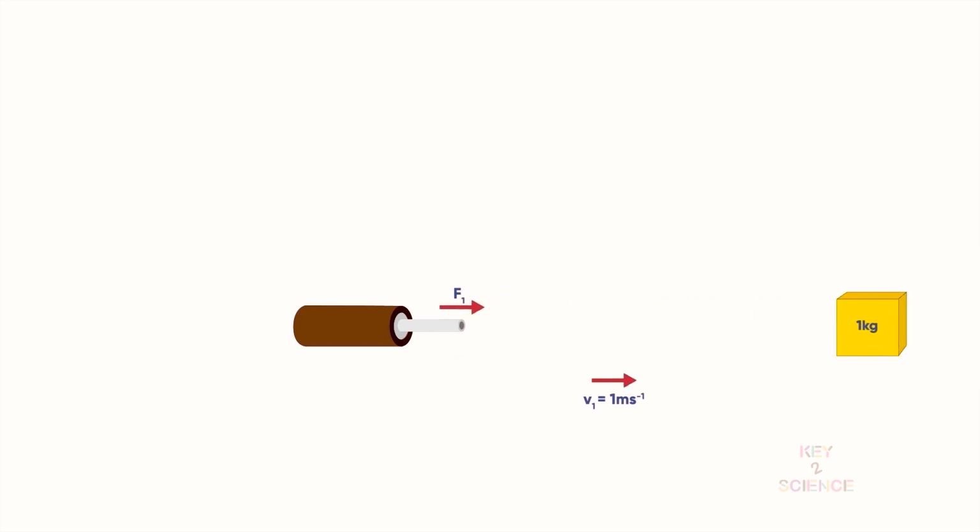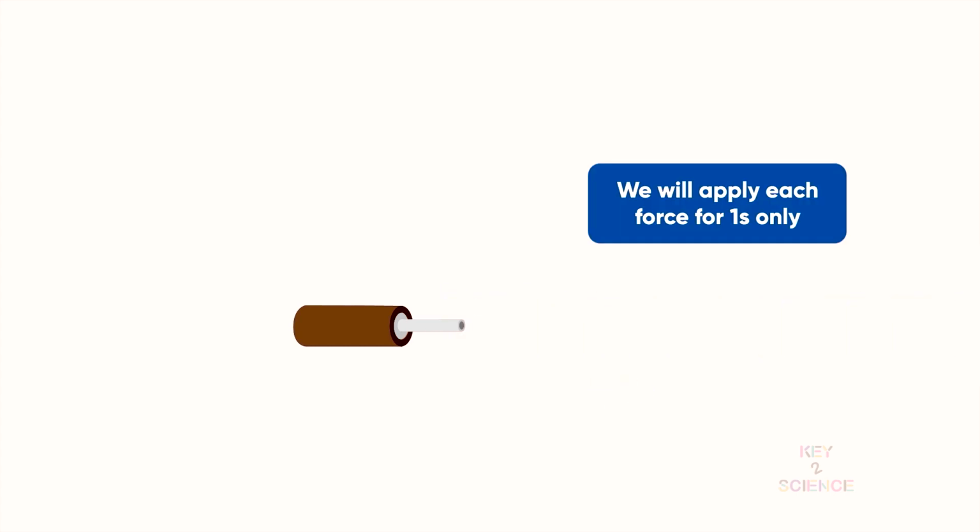Now, we keep increasing the amount of force in the same direction. We will see that different amounts of force result in different end velocities. If we keep applying the same force for a longer time, the end velocity will be different for the same amount of force. For our purpose, we will apply each force for 1 second only.